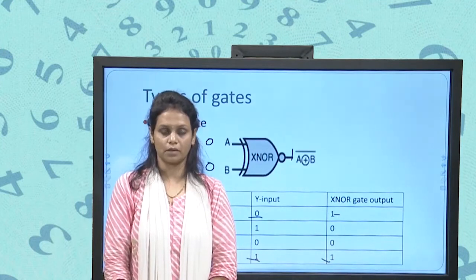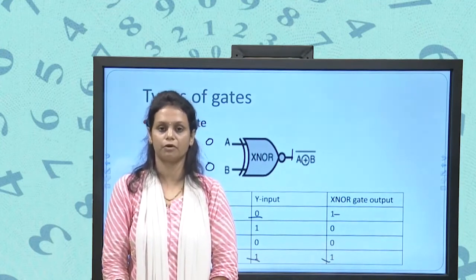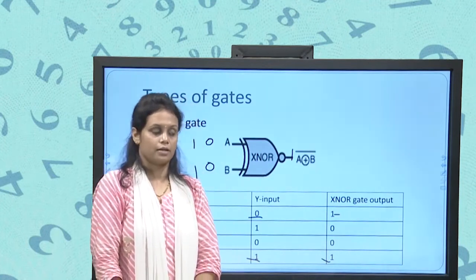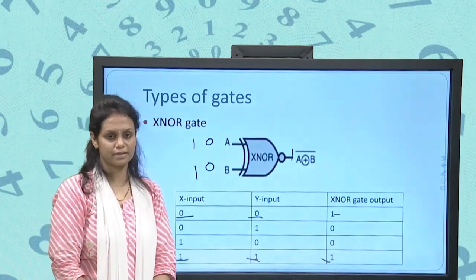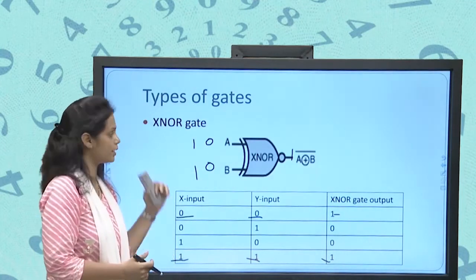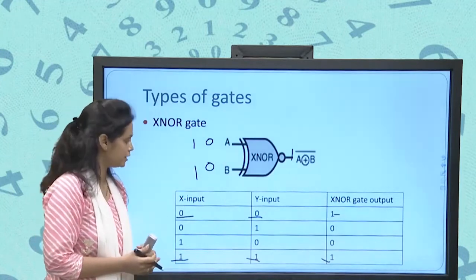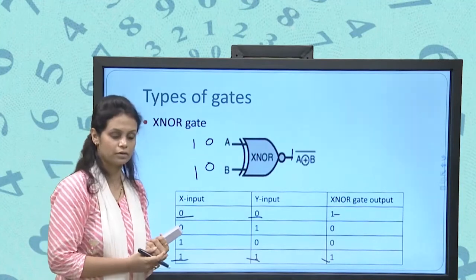Then we have seen one more gate, that is the combination of the OR gate and NOT gate. In that case first we will perform the OR gate operation and then we will perform the NOT gate operation. Then we have also seen the XOR, and lastly we have seen the importance of the XNOR gate, that means how the XNOR gate will give the output if there are inputs like 0 0, 0 1, 1 0 and 1 1.